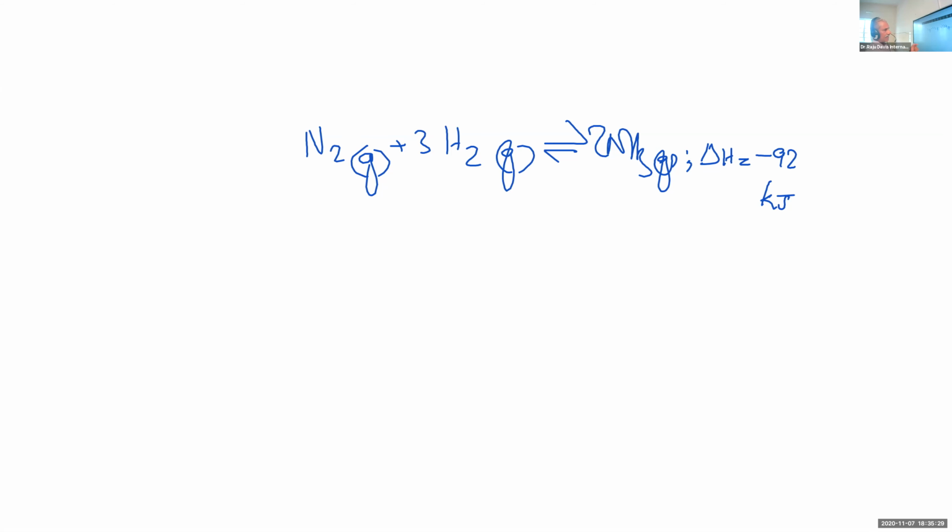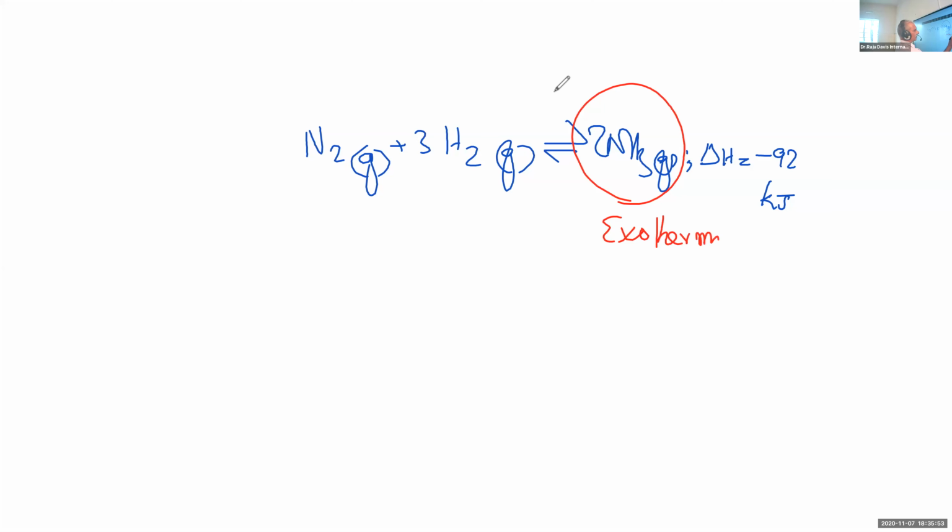So the forward reaction, N2 plus 3H2 giving 2NH3, is exothermic.